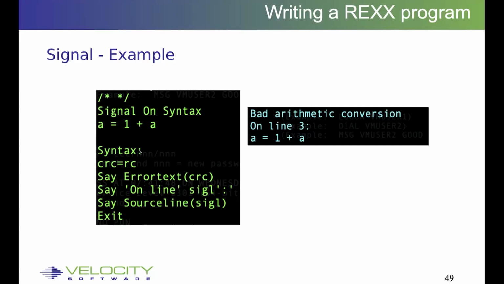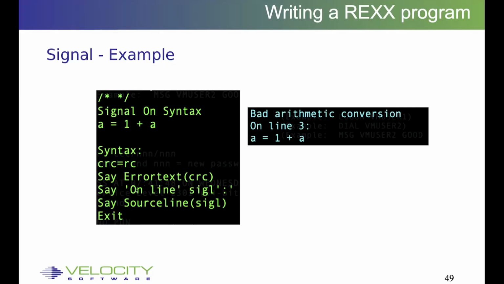And the syntax routine is later on in the program. And what we have here is I always preserve the return code from the signal, say error text, and the error text takes the return code and displays the actual error message, in this case, bad arithmetic conversion.